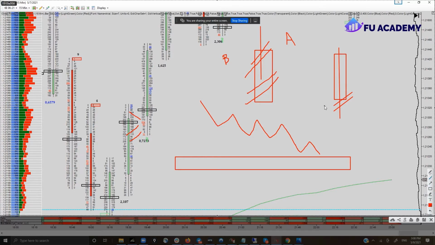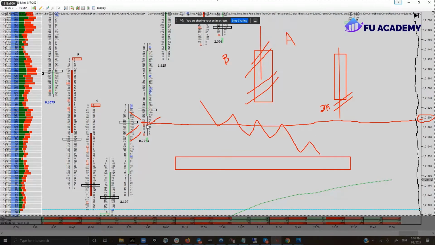Sellers are trying hard. 214 contracts they sold here at this price level, 1.2130, at this price level they tried to sell the market.